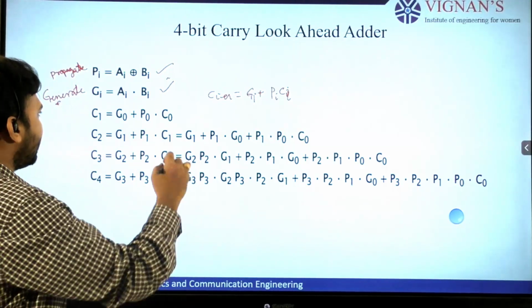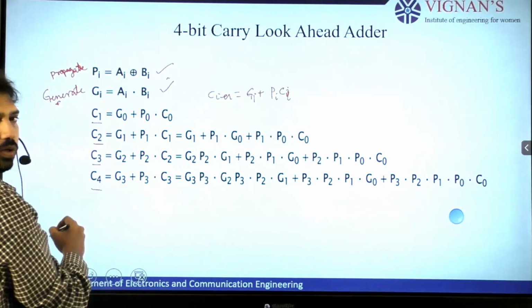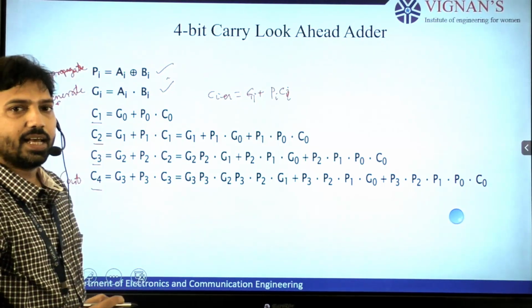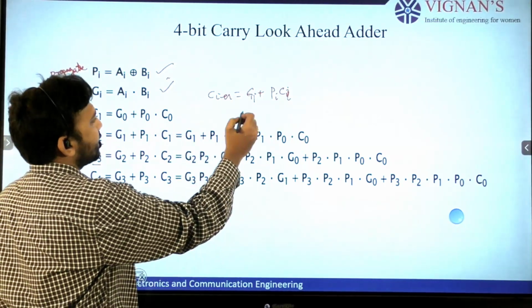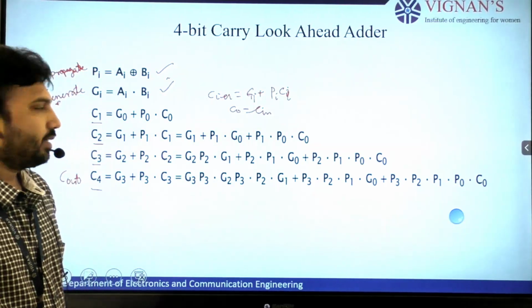So based on that, we can calculate C1, C2, C3, C4. C4 is nothing but the C out, that is the carry, and C0 is nothing but the C in, that is the carry of the full adder.